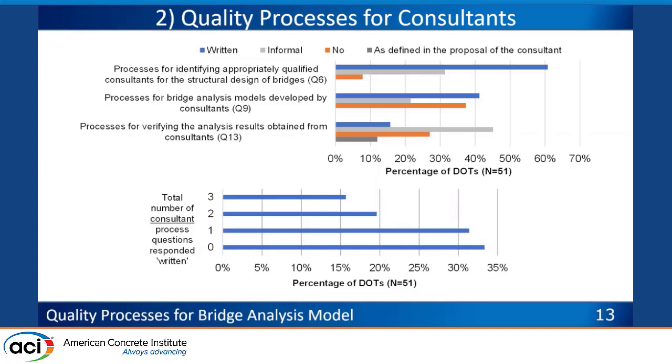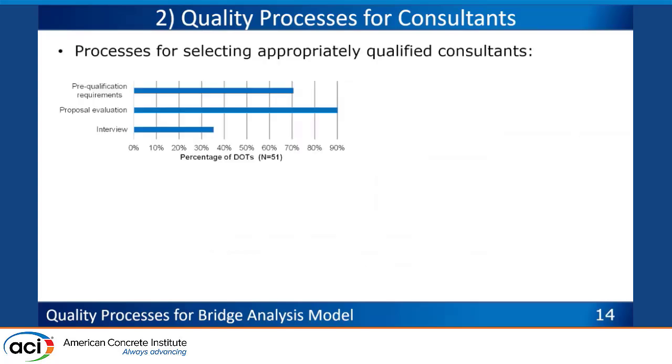So you can see 33%, 1/3 of state DOTs have no written process for any of these three questions, right? So they say 0, and about 15% have written processes for all three aspects for consultant-assigned bridge design projects.